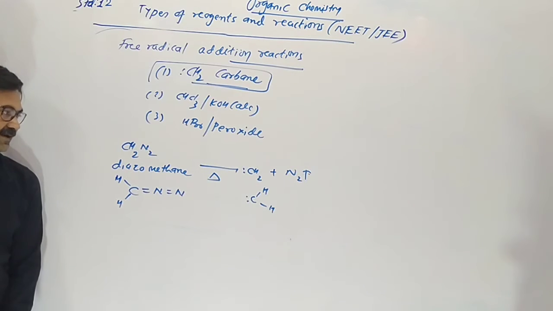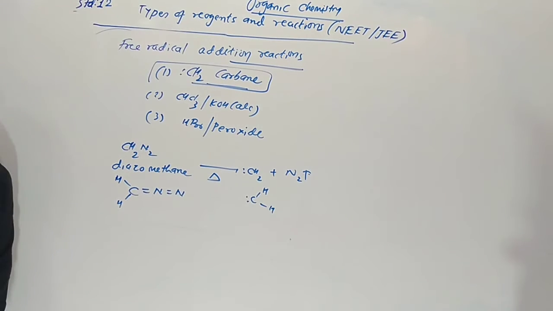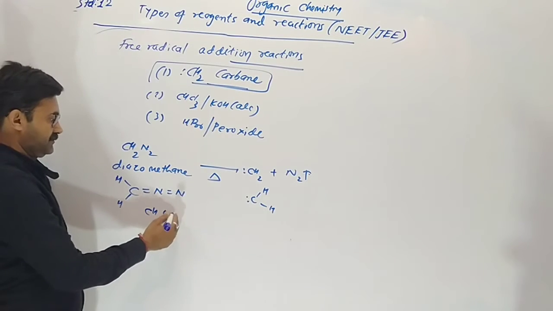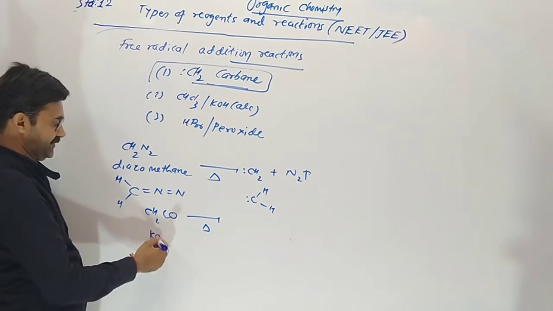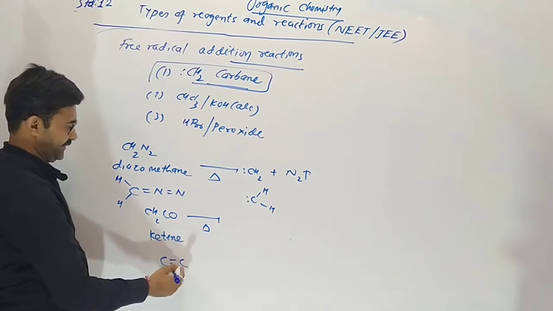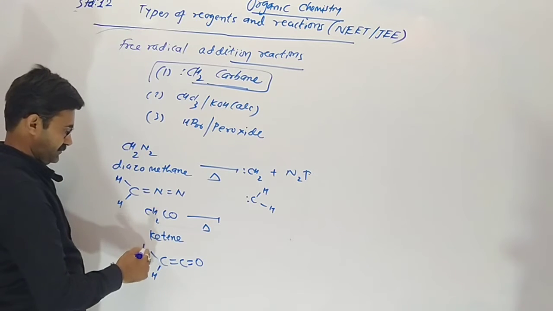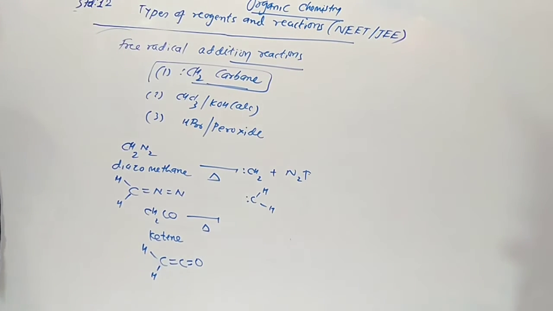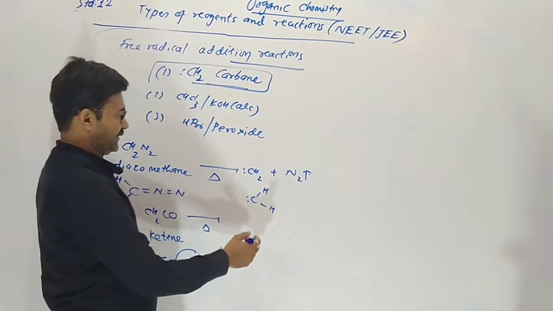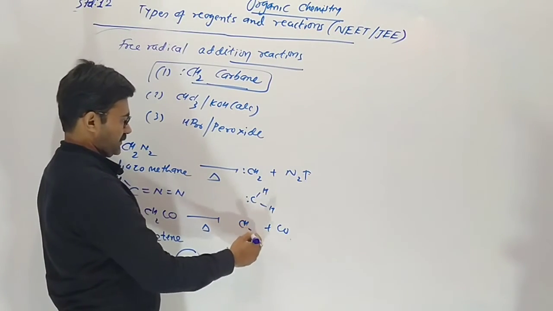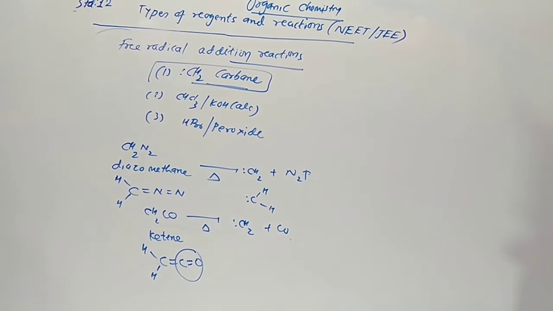Carbene occurs from diazomethane and ketene. CH2CO is ketene. The structure of ketene is like this. On heating, carbon monoxide is removed and it gives carbene. This type of carbene occurs. This is the discussion of the occurrence of carbene.